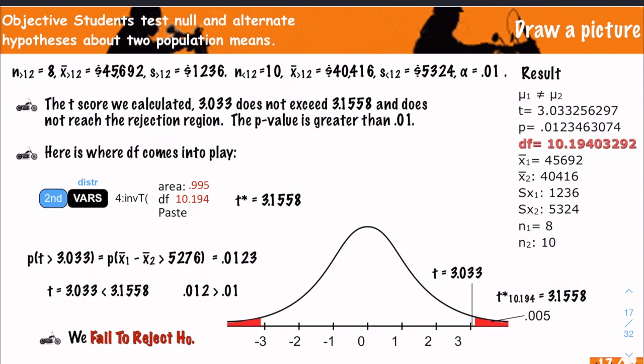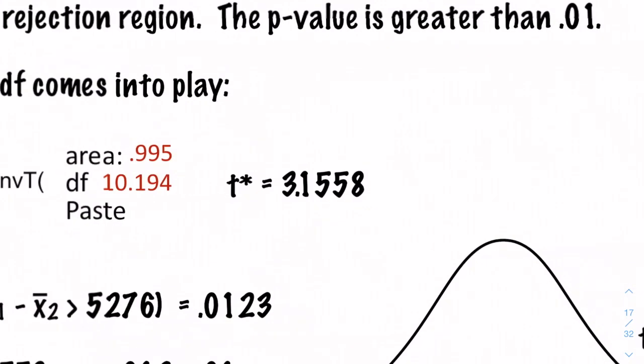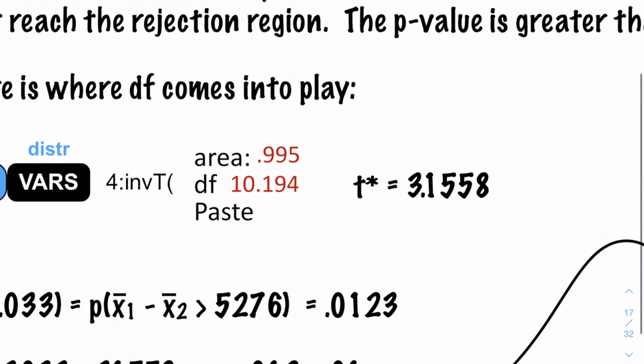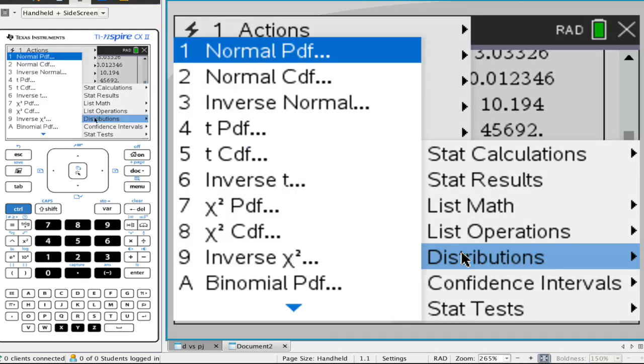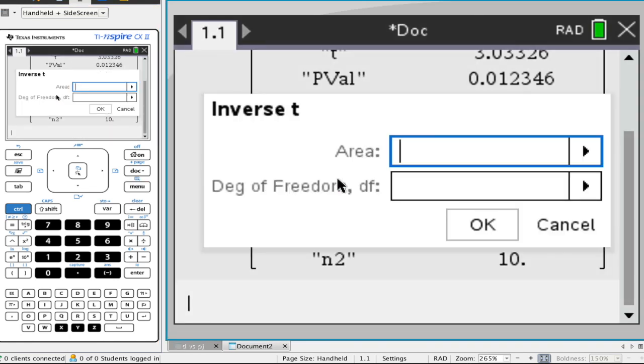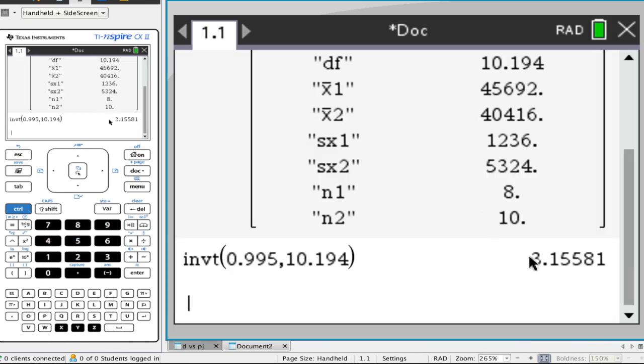So the t-score we calculated is 3.033. And if we look at our critical value, using our degrees of freedom that we found, remember to find our critical value, use inverse t. Our area is going to be 0.995 because alpha was 0.01. Our degrees of freedom is 10.194, which is what we previously calculated, and we get a critical value of 3.1558.